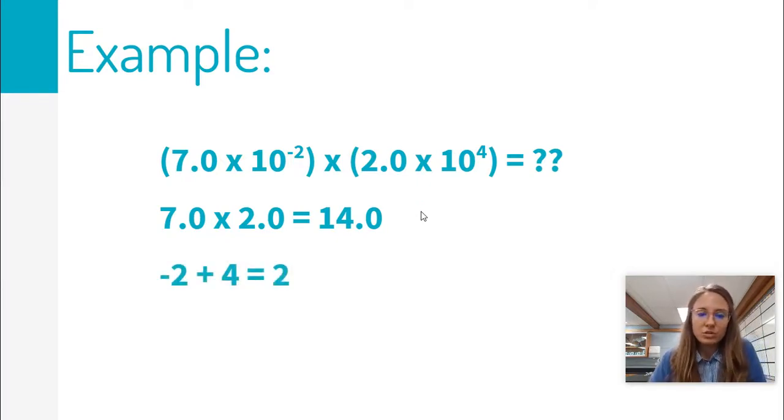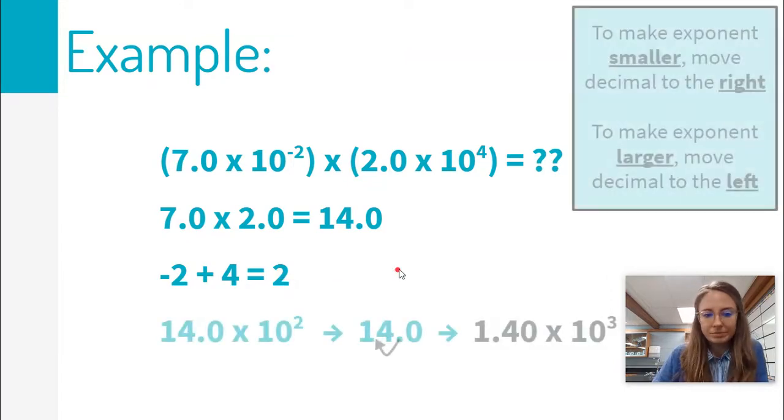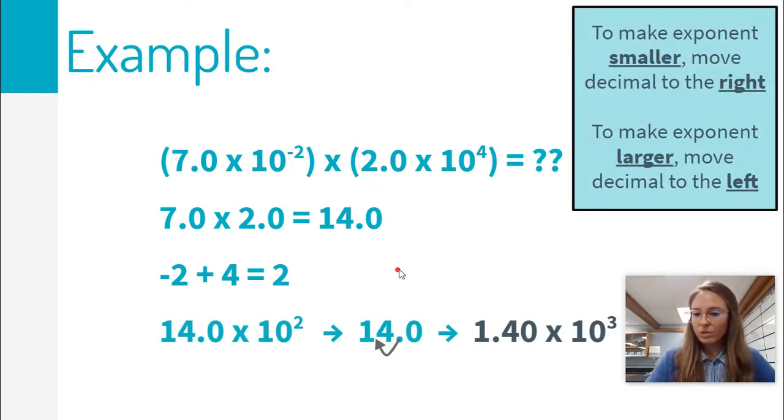So I am going to take negative 2, I'm going to add 4 to get a new exponent of 2. The last step then is just to combine these numbers. My coefficient is 14 times 10 to the exponent of 2 to get 14.0 times 10 to the second.